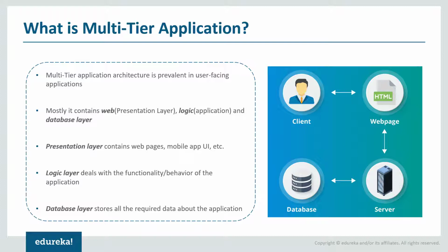We call the web layer the presentation layer; the logic layer is where the business logic is executed, typically an application; and where the data is stored is always a database. In a presentation layer, we typically have mobile pages or mobile app UI, using Angular, React, nowadays PHP, and ASPX in previous days. The logic layer has the functionality or behavior of an application, and the database always stores the data.